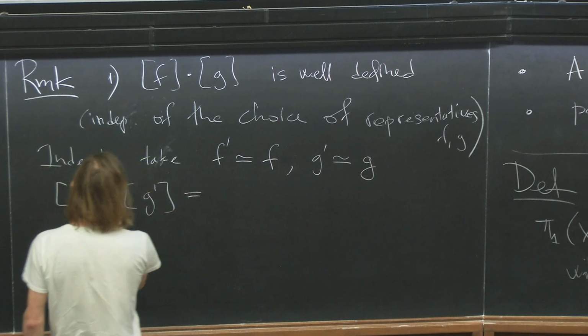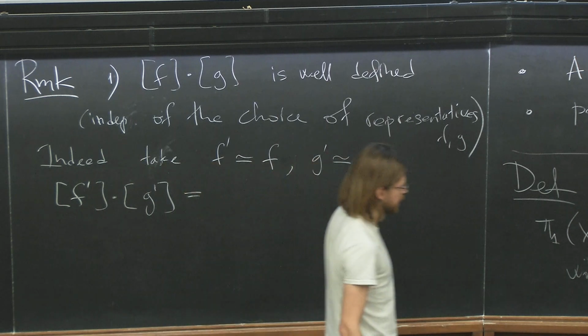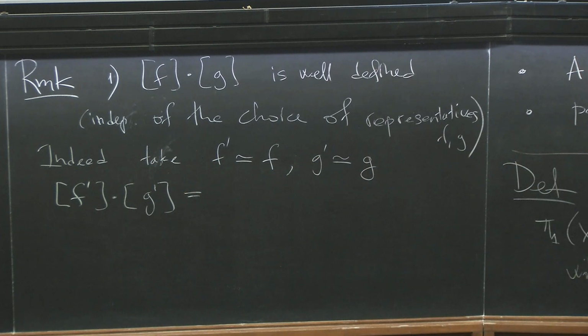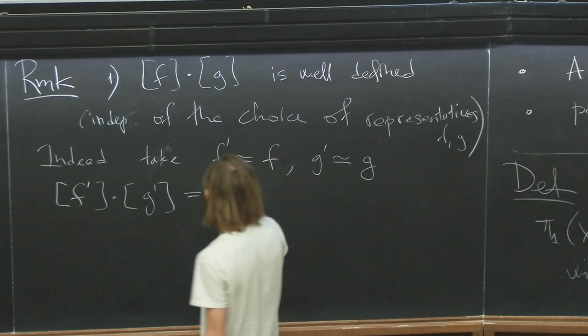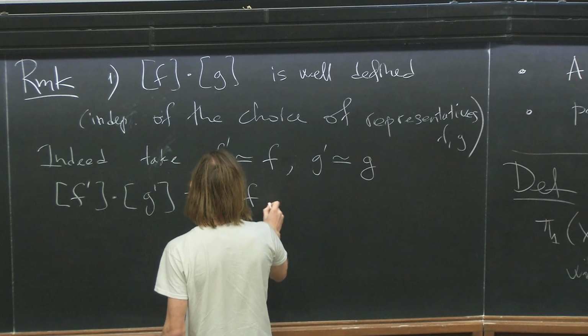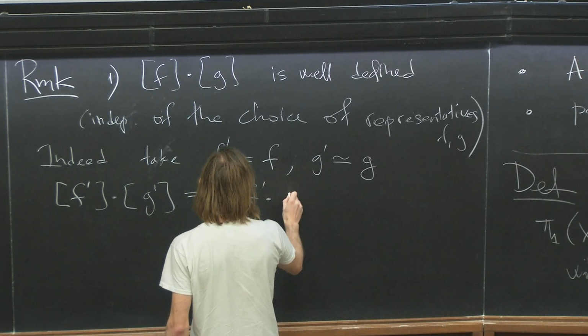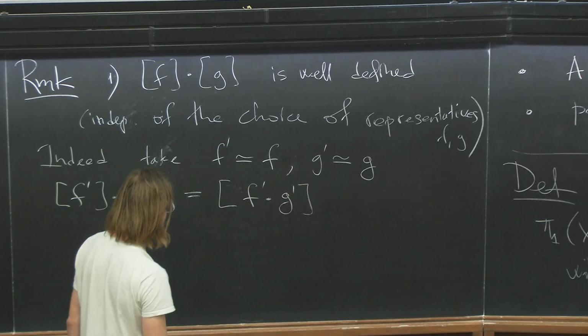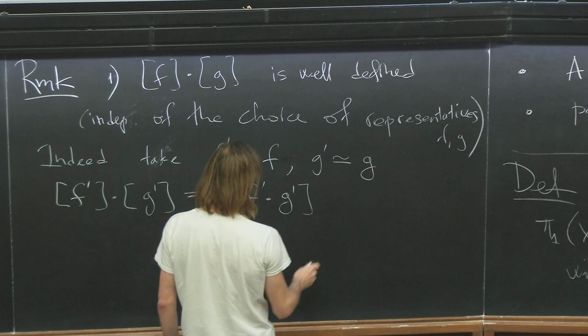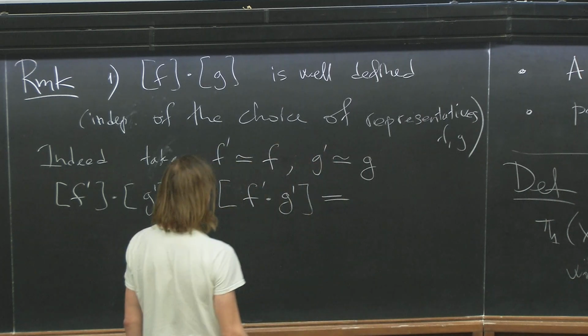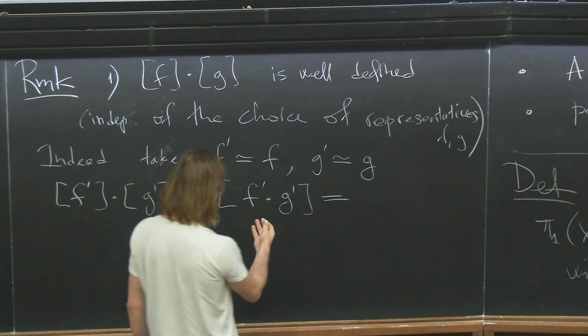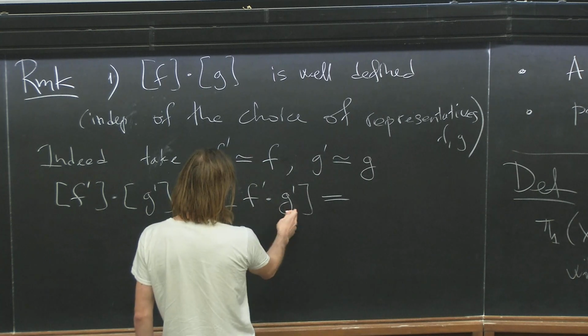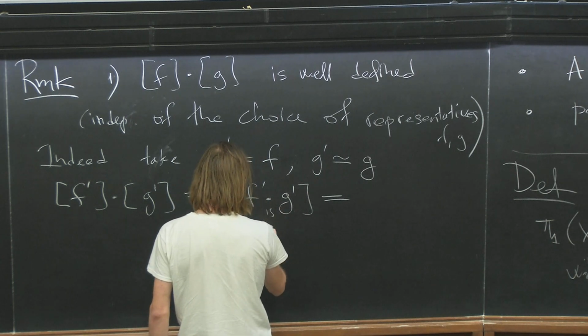We use the definition of multiplication, and by our definition this will be the class of the composition of paths F prime and G prime. But last lecture we proved a proposition about various properties, and one of the properties was that this is the composition.